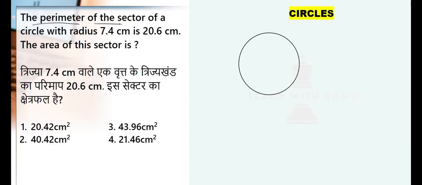The perimeter of the sector of a circle with radius 7.4 centimeters is 20.6. Let O be the center of the circle and OAB be our required sector. The given radius is 7.4 and they also gave the value 20.6, which is the perimeter of the sector. What is the perimeter of the sector here? It is the length of the arc, which is L, plus twice the radius, OA and OB, right?